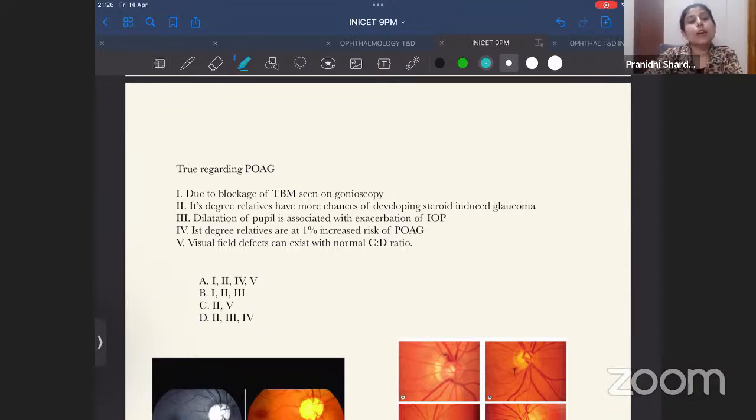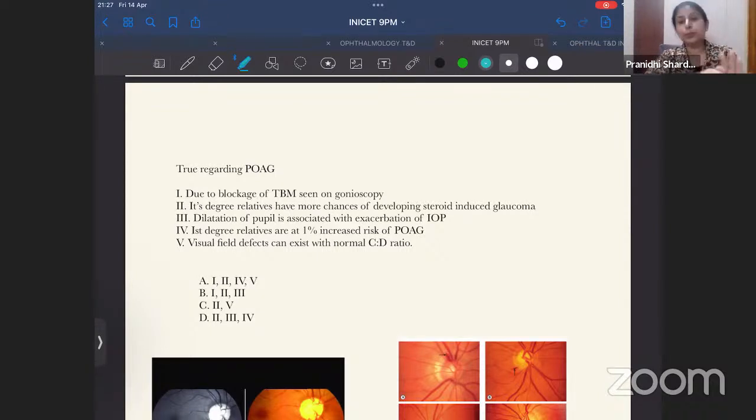Next: first degree relatives have more chances of developing steroid-induced glaucoma. Dilatation of the pupil is associated with exacerbation of the intraocular pressure. First degree relatives are at 1% risk of primary open angle glaucoma. Visual field defects can exist with normal CD ratio.